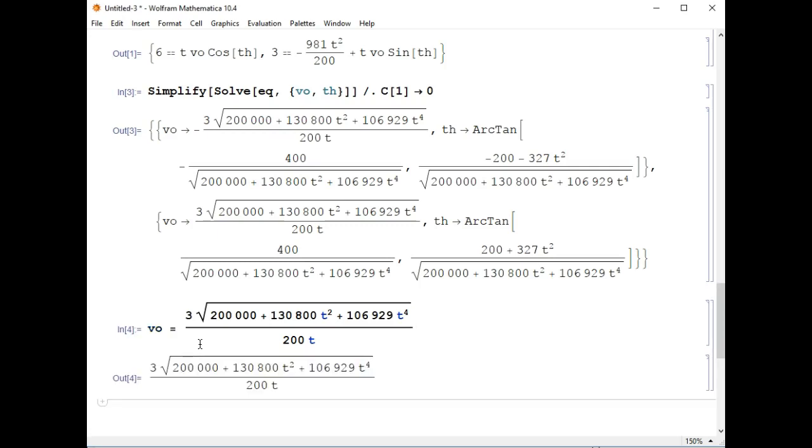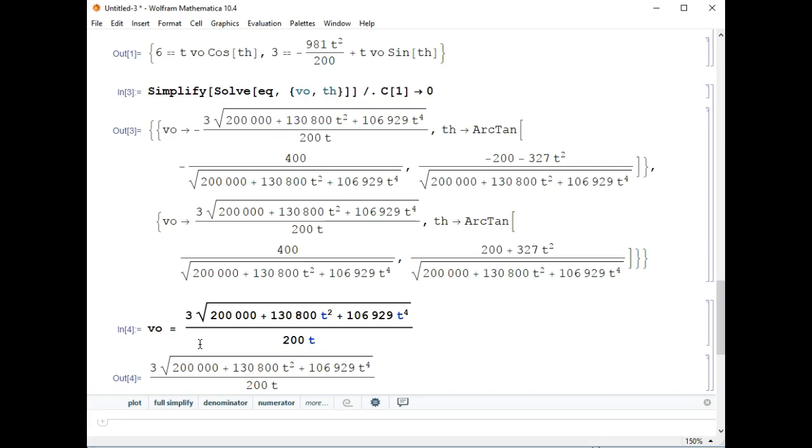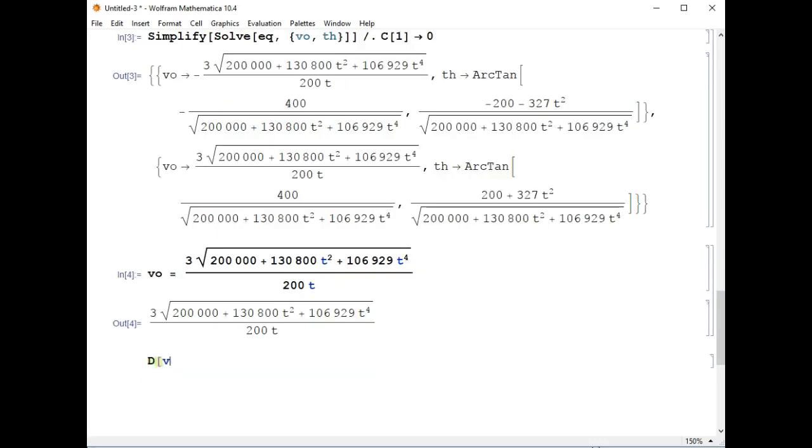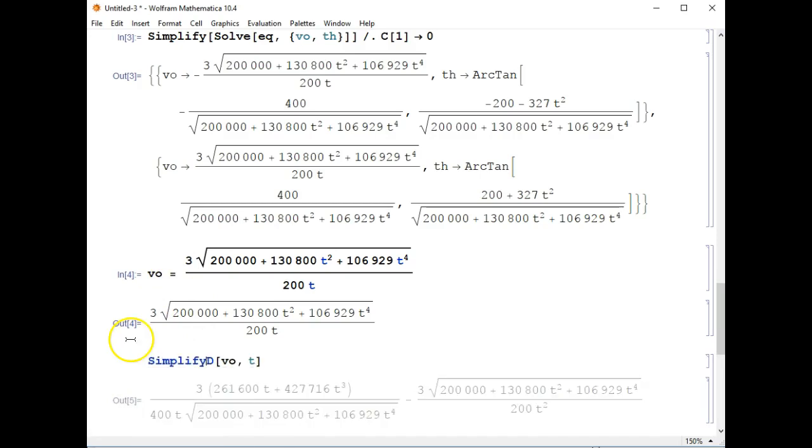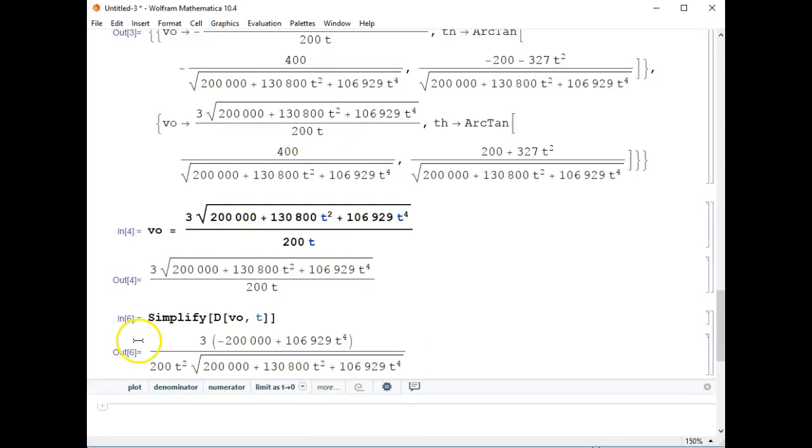So you hit enter, and what do you want to do? You want to minimize this, right? So you want to take the derivative of VO with respect to time this time, because that's the variable that's in there. And you get this ugly looking stuff. Let's see if we can simplify it. Bang. Boom. That's not too bad.